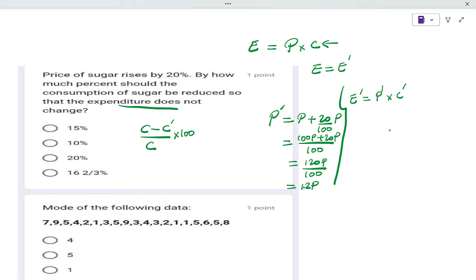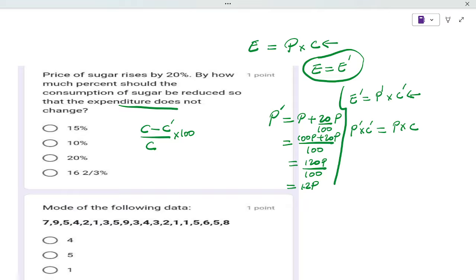But since we know that the expenditure is unchanged, B dash into C dash is equal to E, and E is equal to B into C. So E dash is also equal to E.